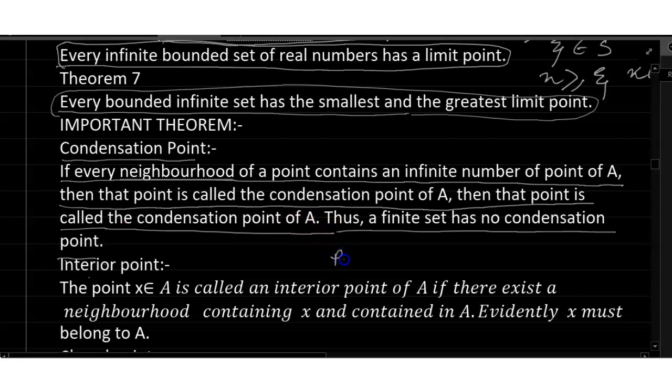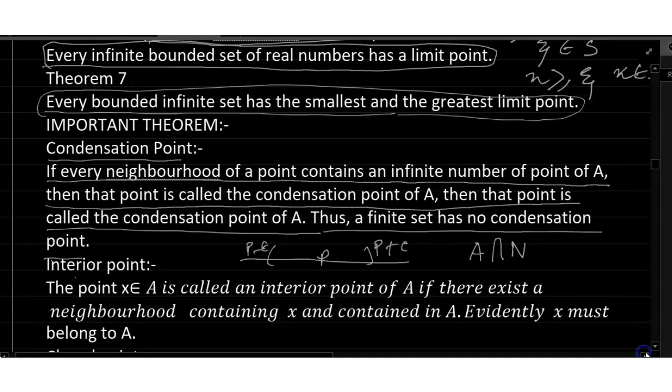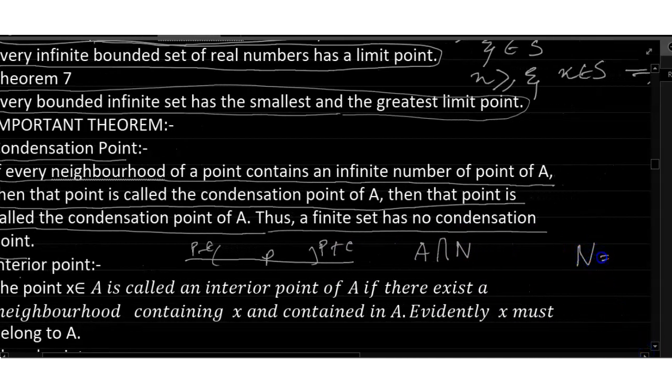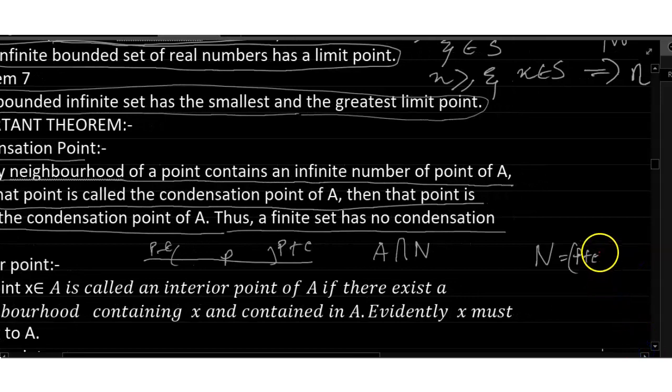Suppose P is the condensation point and the neighborhood is P minus epsilon to P plus epsilon. Then A intersection this neighborhood is infinite.